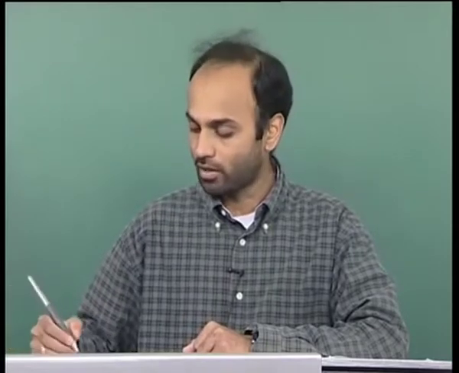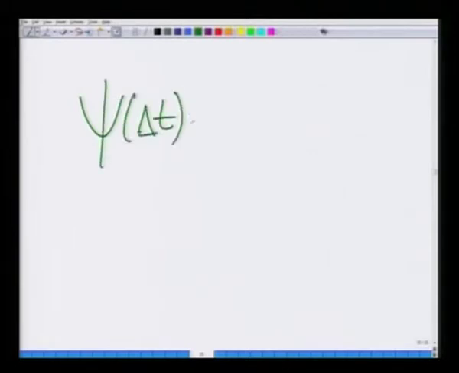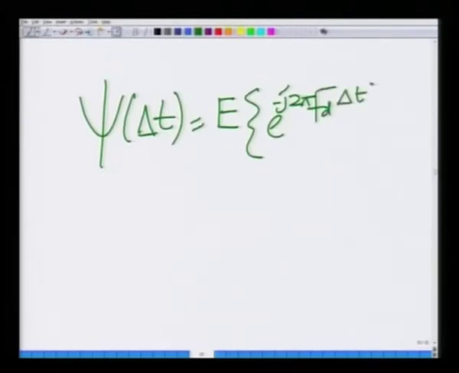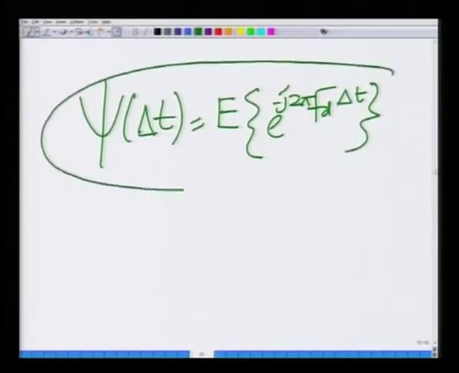Now the correlation coefficient psi of delta t becomes the expected value of e to the power of minus j2πf_d delta t. This is the correlation coefficient. Remember, we still have to take the expected value over f_d, that is important.